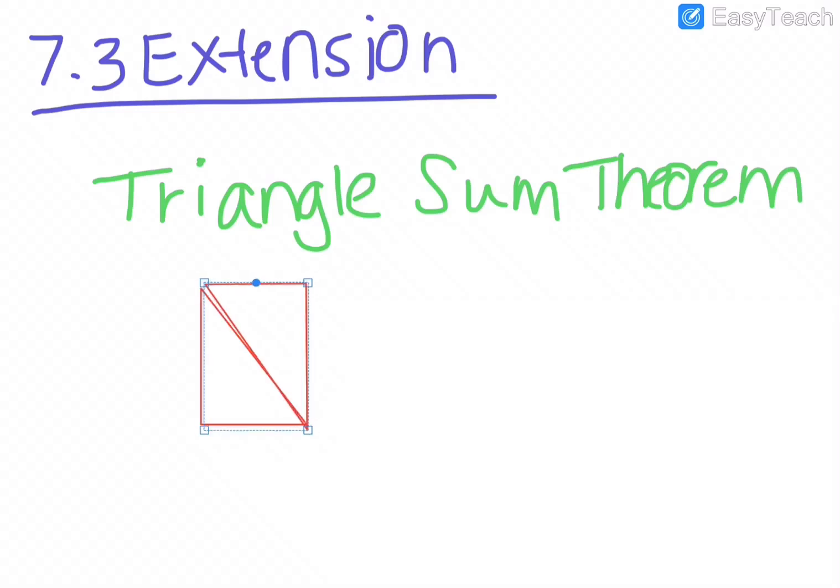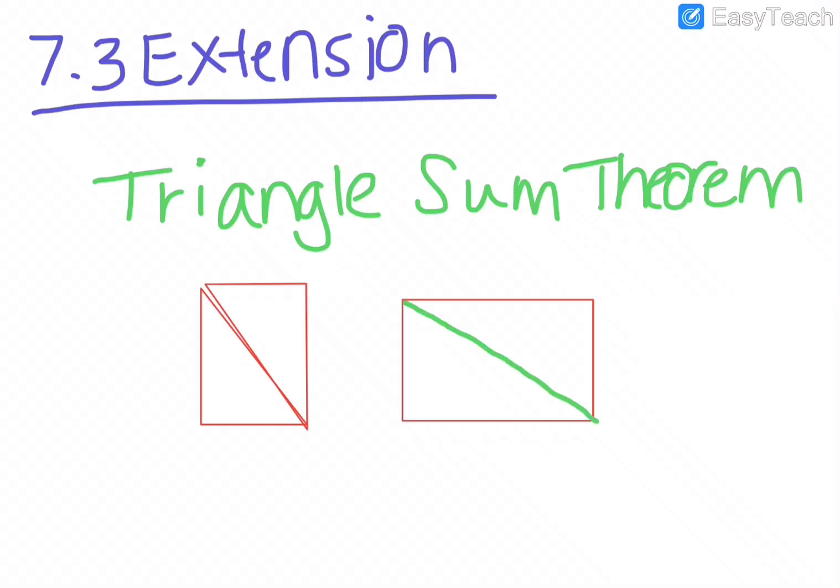And again, I know that that's not perfect, but you get the idea that a rectangle or square is made up of two triangles.